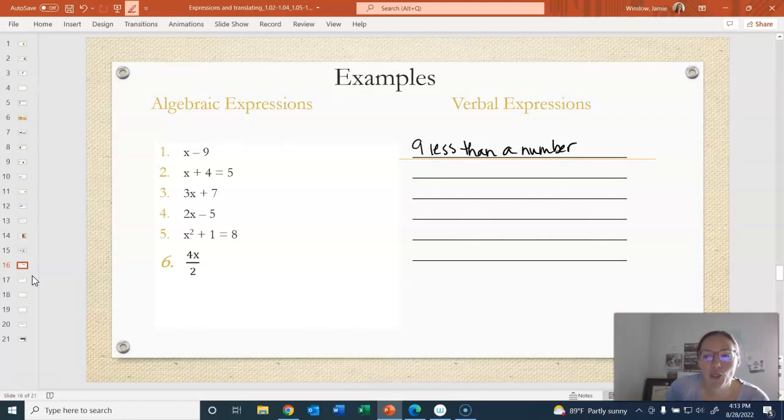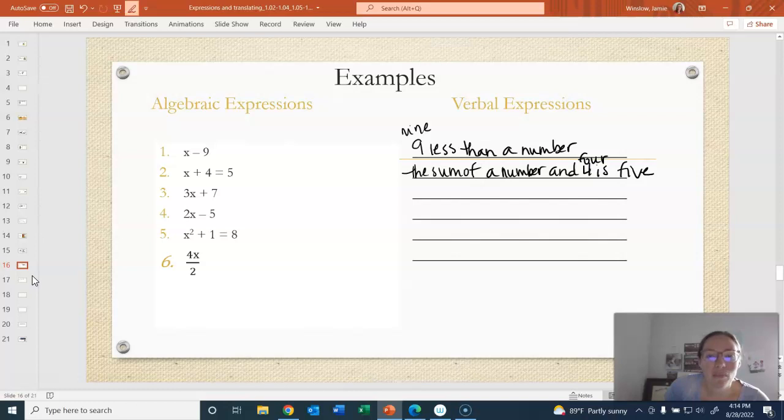How about number 2? I'm going to write the sum of a number and 4 is 5. Oops, I meant to write out the number 4. There we go. And the number 9. So in this case, I chose to write sum for addition. I think this is kind of fun. It's like a game. Like, how can I make this match?